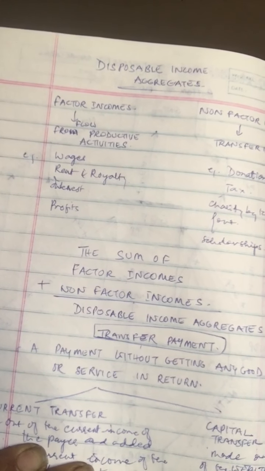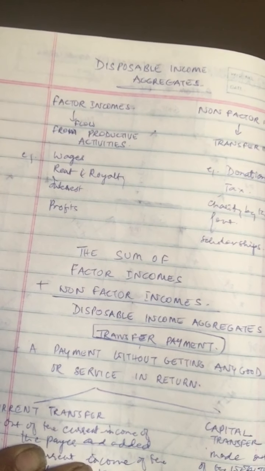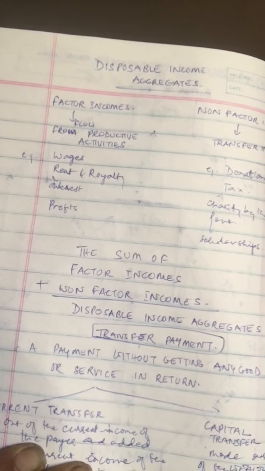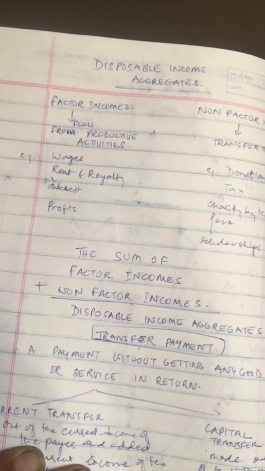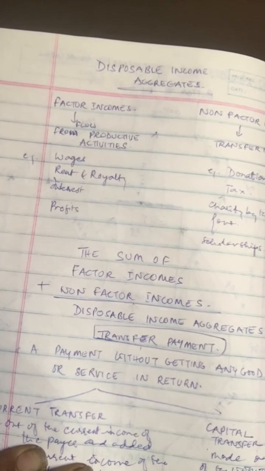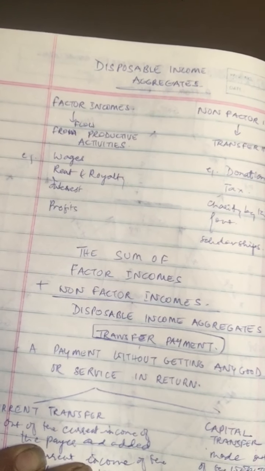Now capital transfers, what are they? A transfer made out of wealth or capital of the payer and added to the wealth or capital of the recipient is called a capital transfer.